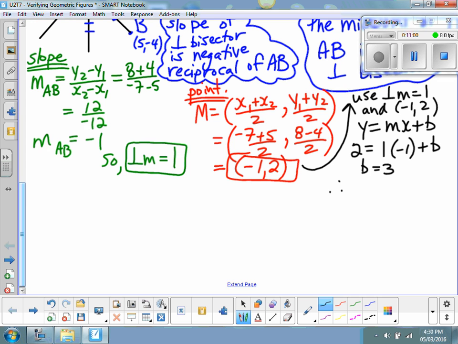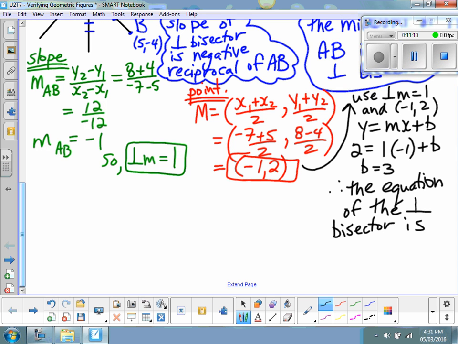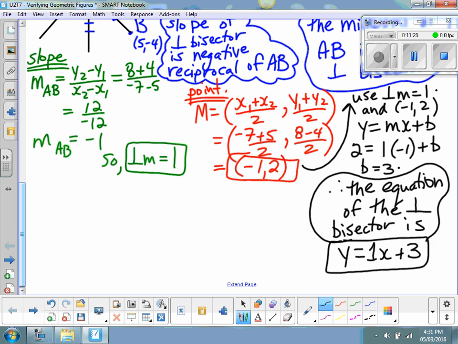So therefore, the equation of the perpendicular bisector is y equals, and we already know the slope is 1, x, and we just found the y-intercept, plus 3. So that is the equation of the perpendicular bisector.